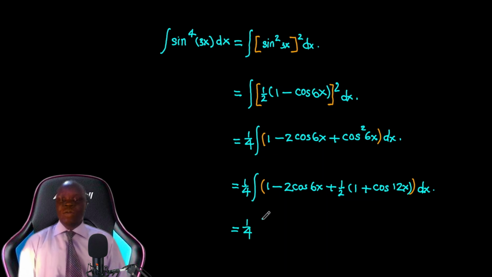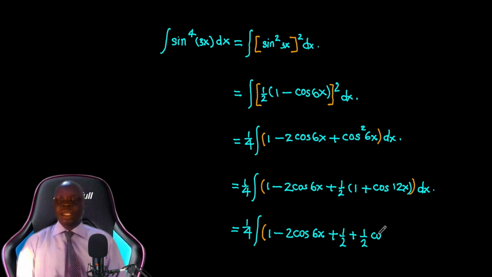So we have 1/4, the integral of, let's maintain that bracket, and we have our first two terms as before, twice cosine of 6x plus, now when we open up this bracket, we still get our 1/2 plus also 1/2 cosine of 12x.